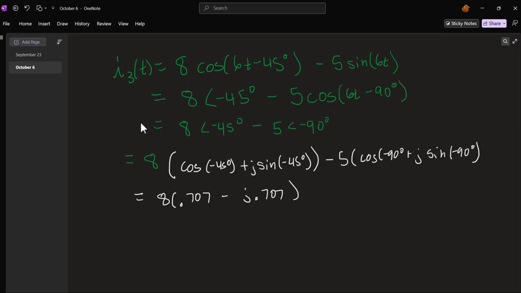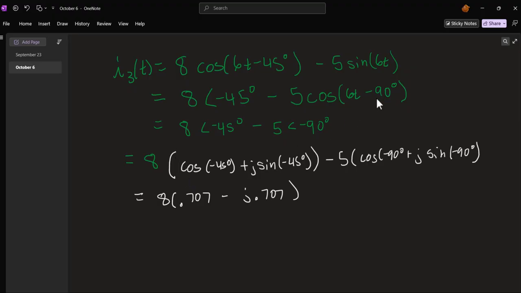You just have to press it 3 times to get to the i, which is a j. The capacitance was 1 microfarad, so 1 times 10 to the negative 6.